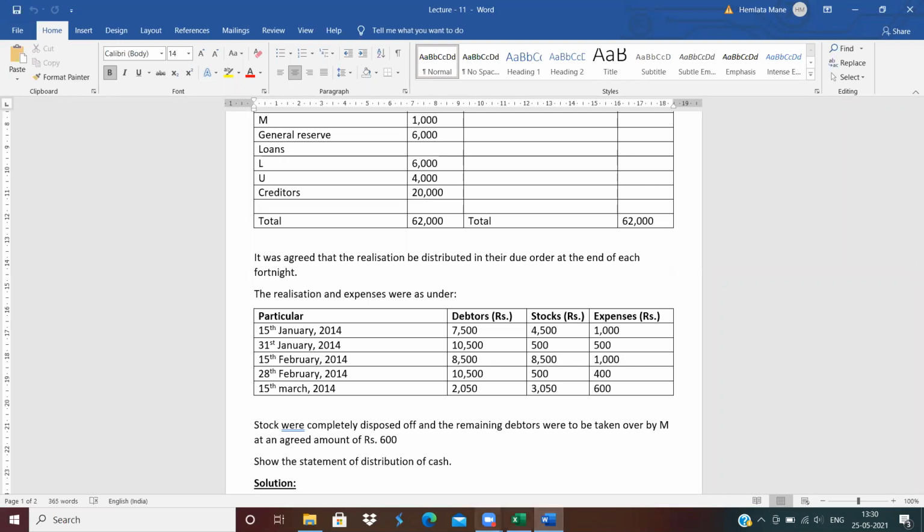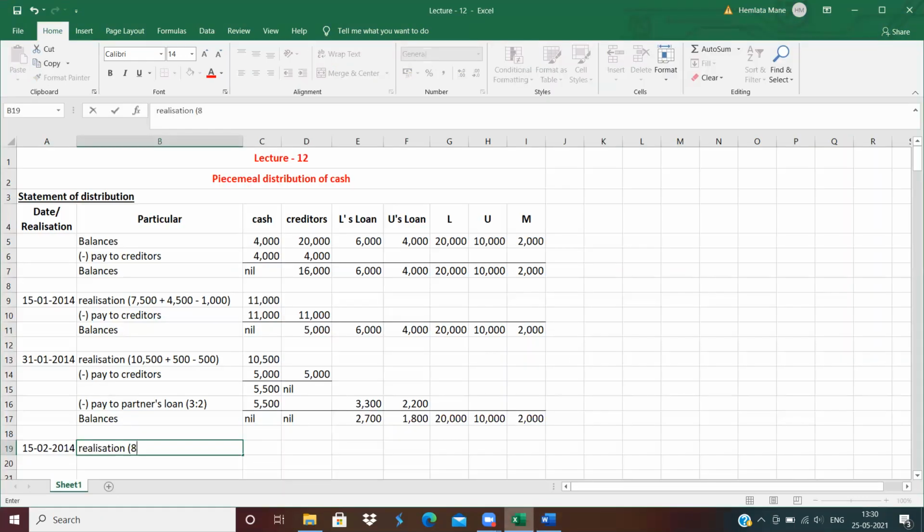Less expenses 1,000. So 8,500 plus 8,500 minus expenses 1,000. So the cash balance will be 16,000. Clear?